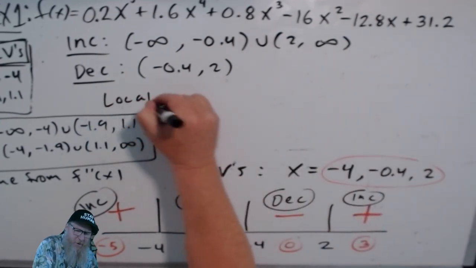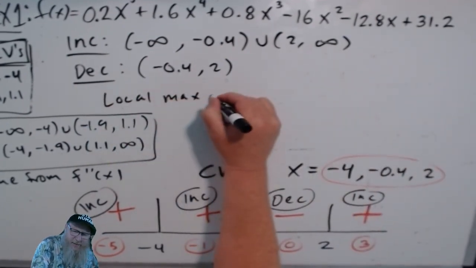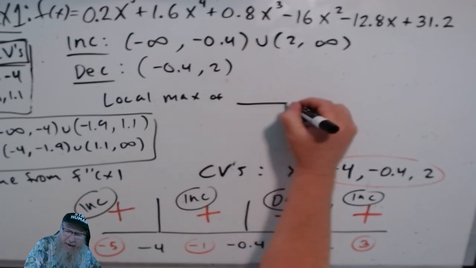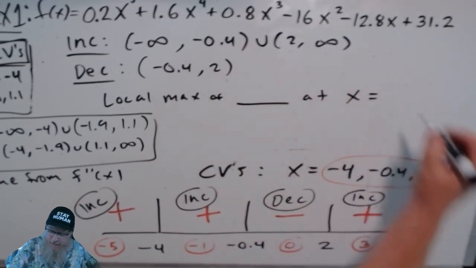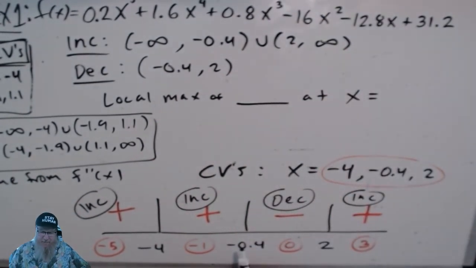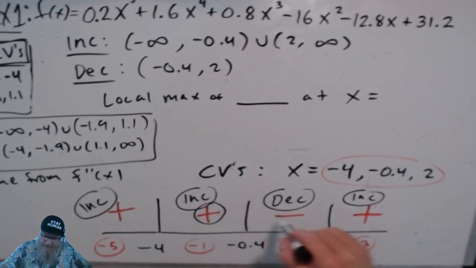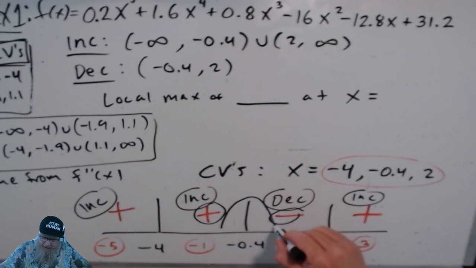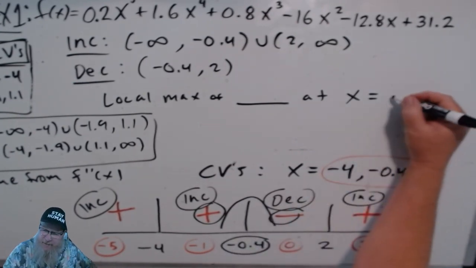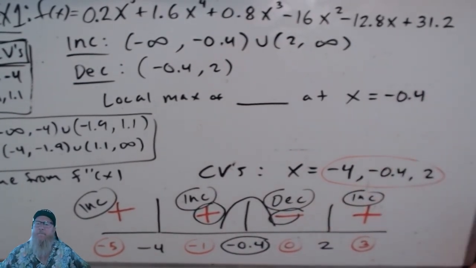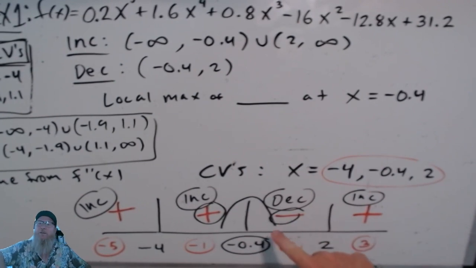We have a local max of blank. All right, let's see, where's the max? The max is where it goes from increasing to decreasing. This is a max. Yeah, it's concave down.